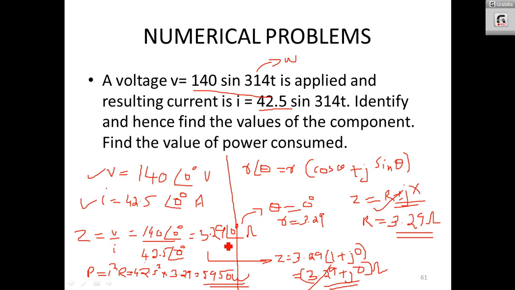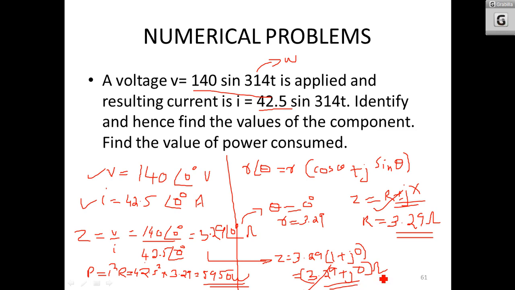Now we need to represent this impedance in rectangular form. R angle theta can be regarded as R into cos theta plus j sin theta. Comparing with the impedance, theta is 0 degree and R is 3.29. Therefore, Z can be written as 3.29 into cos 0 plus j sin 0. Sin 0 is 0. Therefore Z is equal to 3.29 plus j 0 ohm.